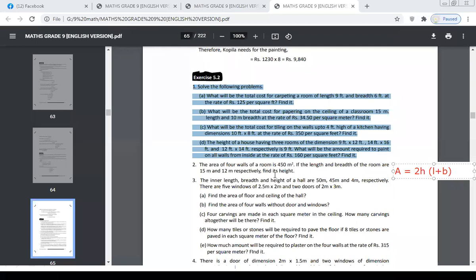And which values are given to us? Area, length and breadth are given. We have to calculate the height. So to calculate this height, put all given values, area, length and breadth, and after simplifying it, after adding L and B, multiply it with 2 and take it to the left side and divide it, you will get the required answer.